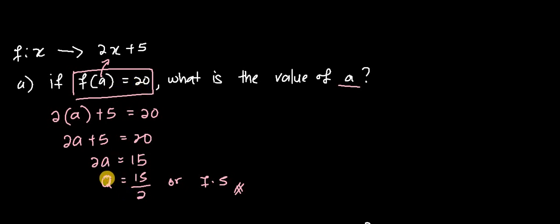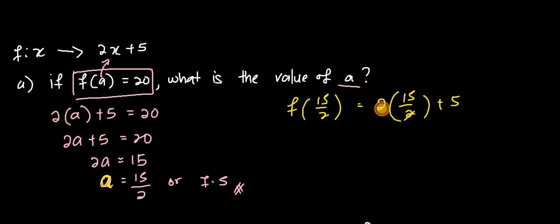So for example, if a value here is 15 over 2, now let's try to check whether I still get 20 or not. So what if f of 15 over 2? What answer do you get? How do you find f of 15 over 2 now? We know f of x is 2x plus 5, right? So which means here, 2 bracket 15 over 2 plus 5, alright?